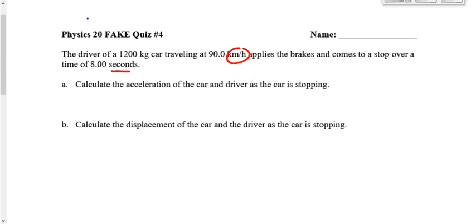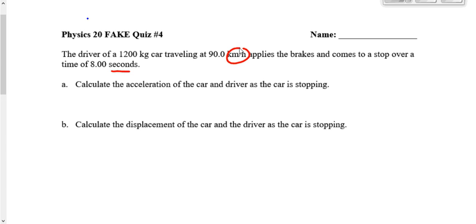But if this is a group B problem, which I think it clearly is as we read the rest of the question, then we need to be in meters and seconds, in meters per second. So I'm circling that to remind myself that when I write down my givens, I've got to convert that to meters per second. We want to find the acceleration of the car and the driver as the car is stopping, and we want to find the displacement of the car and the driver as the car is stopping.